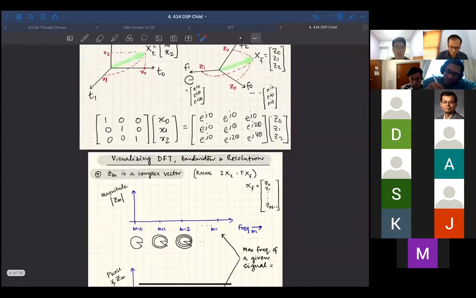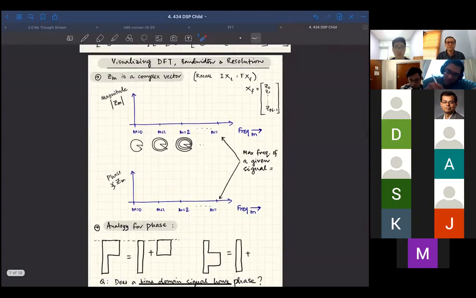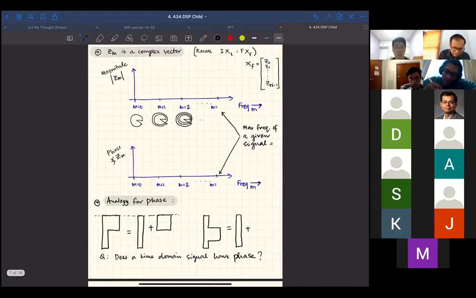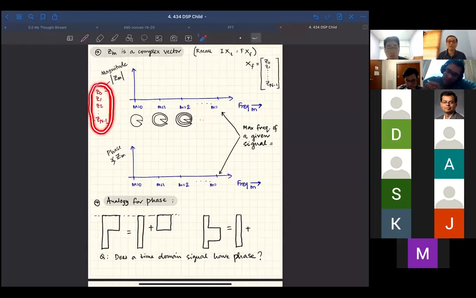Great. Now let's do a little bit of visualization. When we say Zm, this is basically our Fourier transform vector. When you take a Fourier transform, your output is this vector. You all agree, right?